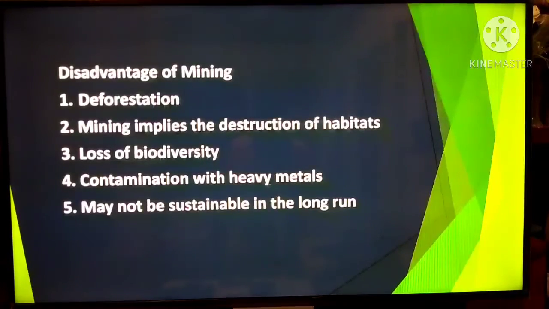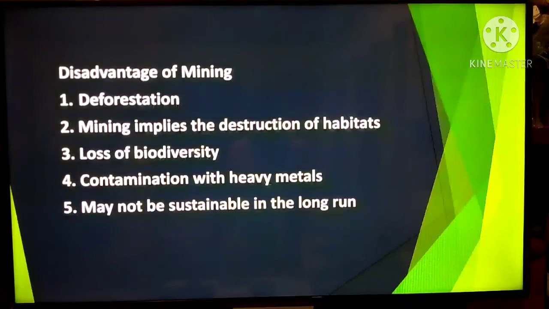And fifth, mining may not be sustainable in the long run. Why? Most resources that are mined are non-renewable and will become depleted sooner or later in those deposit sites. At one point in time, it will simply no longer be reasonable from an economic perspective to engage in mining, and therefore, mining can be regarded as a short-term solution more than a long-term plan. Yes, because non-renewable resources can deplete anytime.